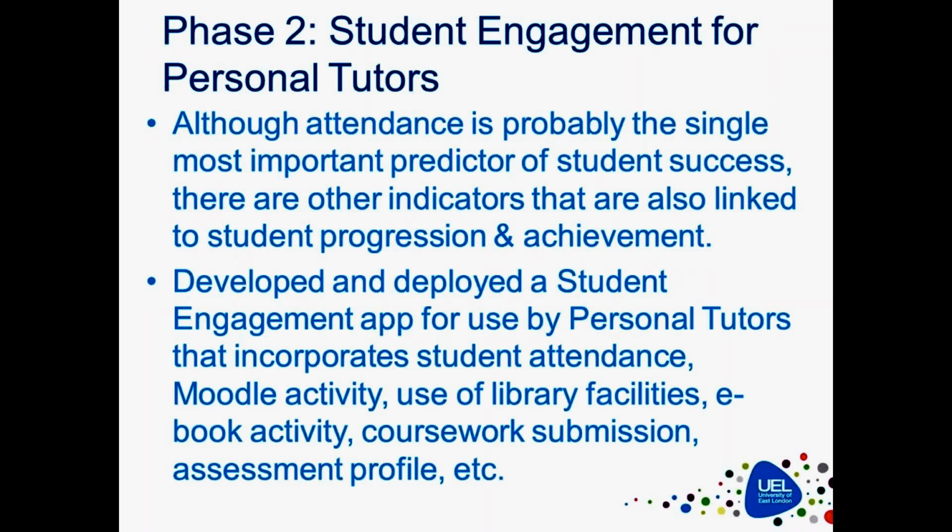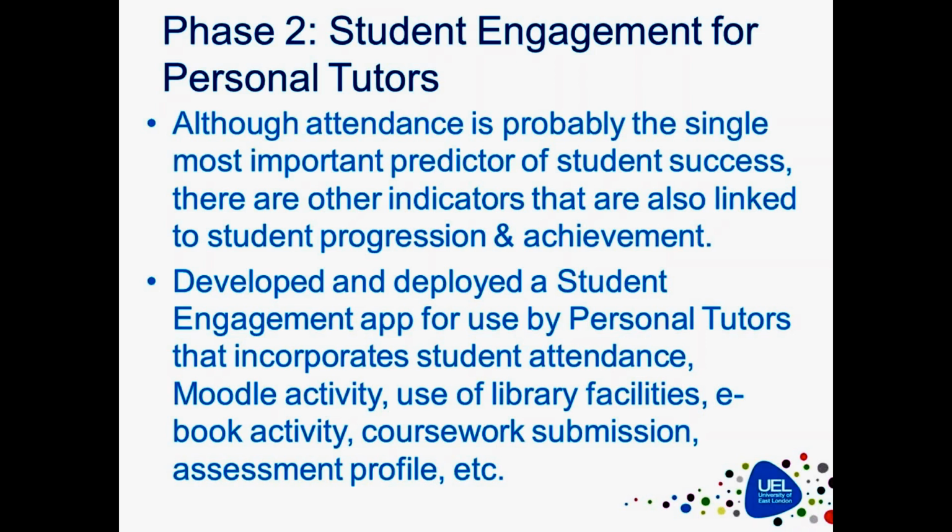Out of the student attendance app, we realised quite quickly that attendance is probably the single most important indicator of student success. There's a whole range of other indicators that link to student progression and achievement, particularly those linked around student behaviour and student learning styles. So we developed a student engagement app that took in a much broader range of data for specific use by personal tutors.